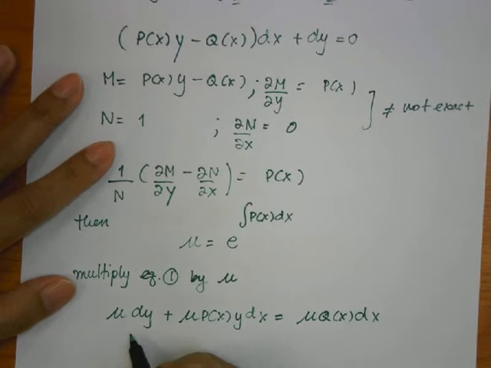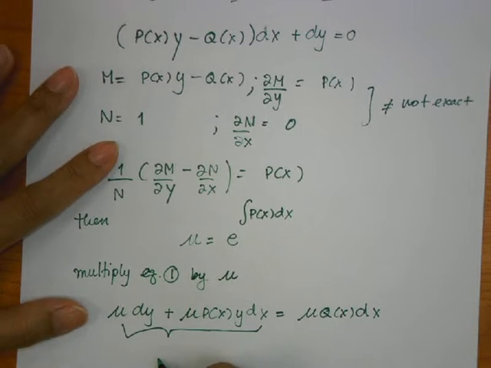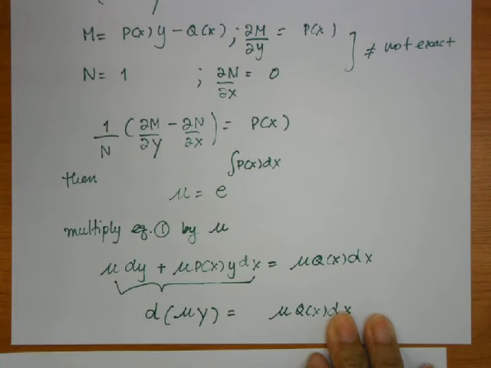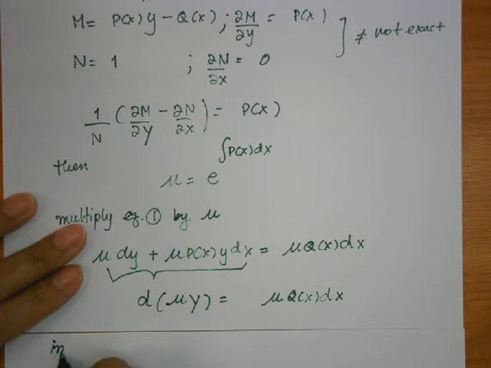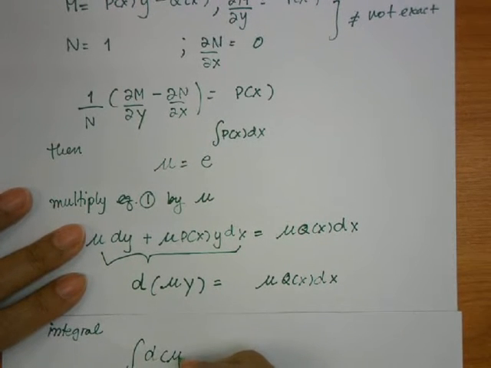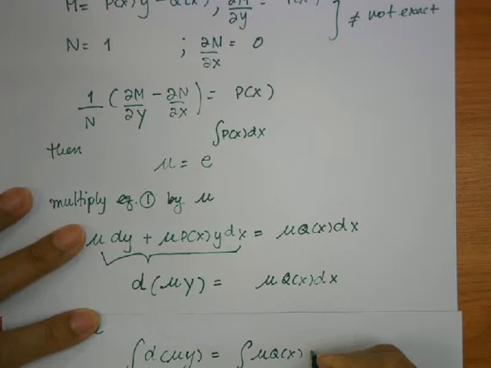And I said that the left hand side of the differential equation is equal to d of integrating factor times y, equal to integrating factor times q(x) dx. We take the integral of both sides. We would get plus c.